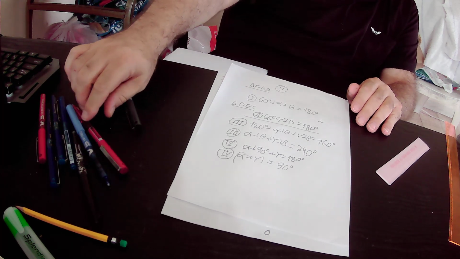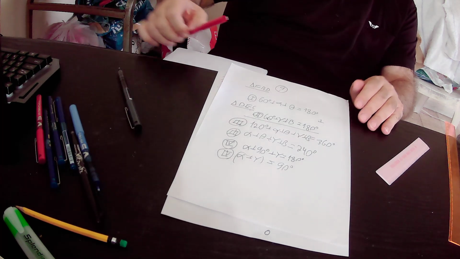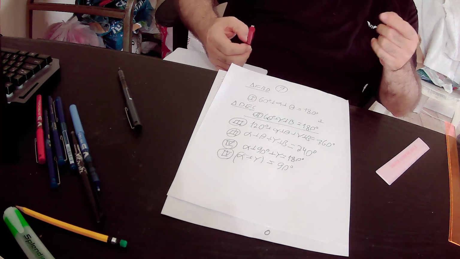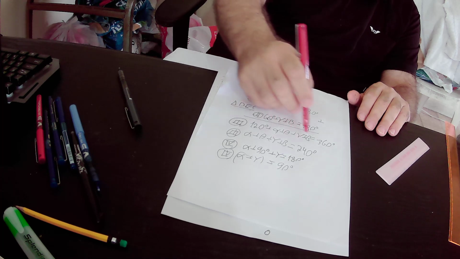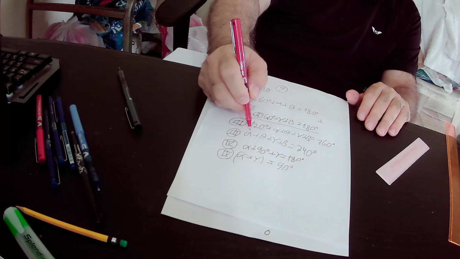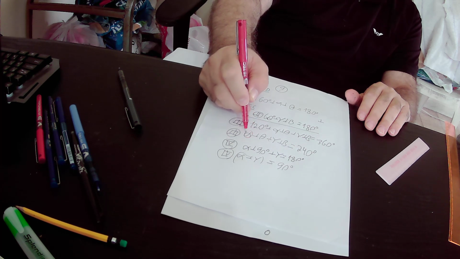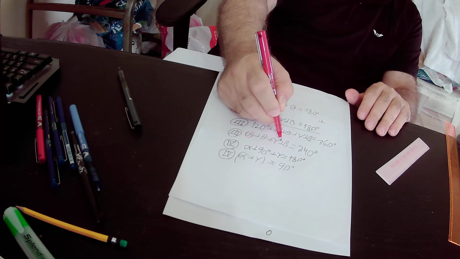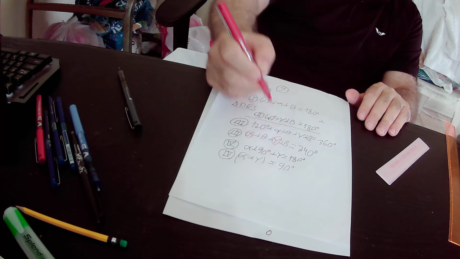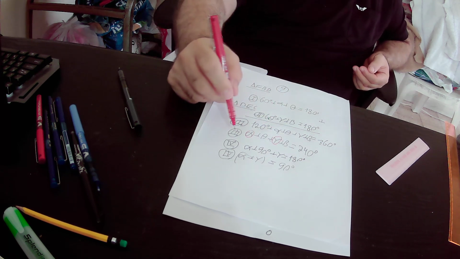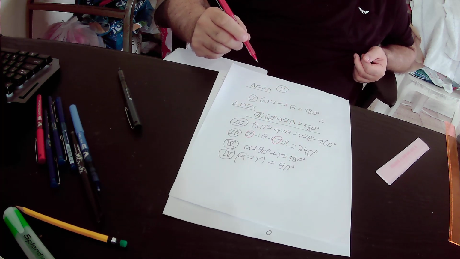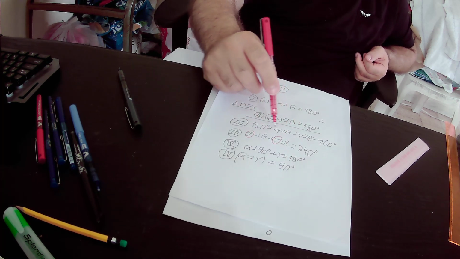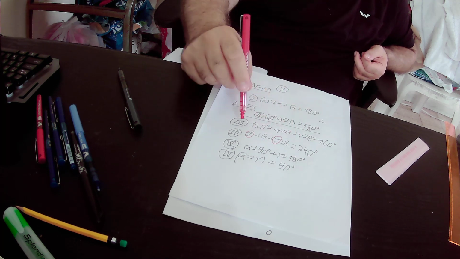Okay, but we have alpha plus gamma in equation number 3 also. Because alpha plus gamma equals 90 degrees, we can substitute alpha plus gamma in equation number 3 by 90 degrees.